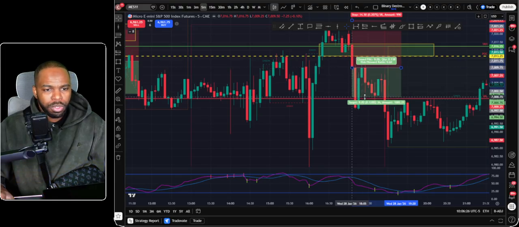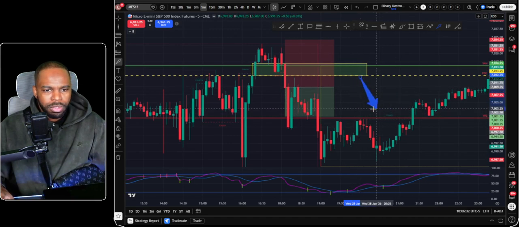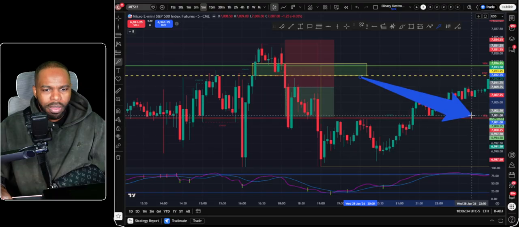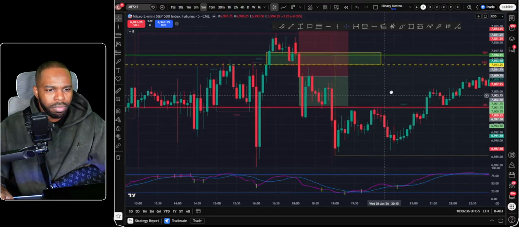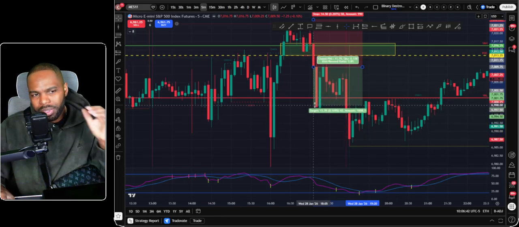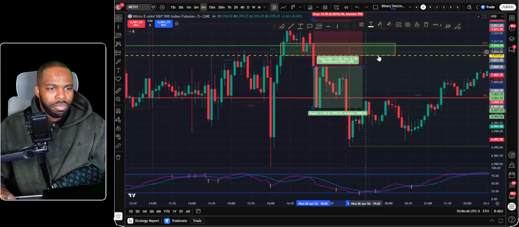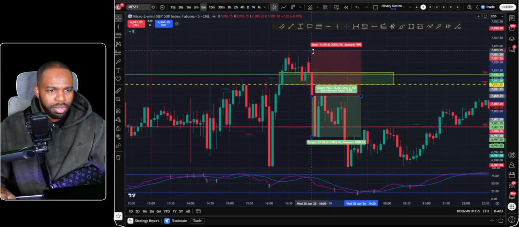So you could have taken your profit, scalped the market, and taken your profits right at that value area low here. But it went below it. As you can see, if you had moved your stop loss to break even, you would have gotten stopped out.